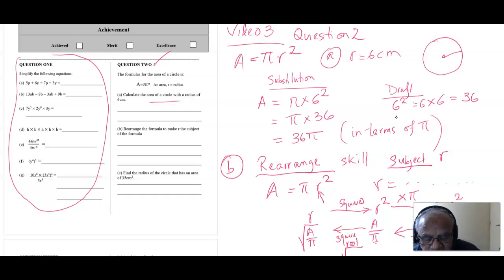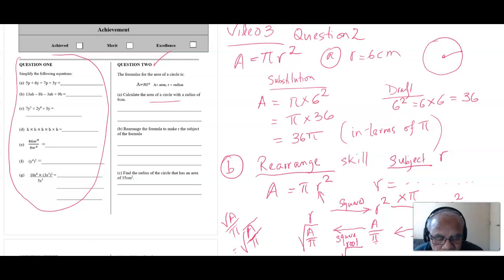You've got to be mindful that this A over pi is totally covered with the square root. It's not like this. It is all enclosing the thing. That is the most important thing. People get it wrong.